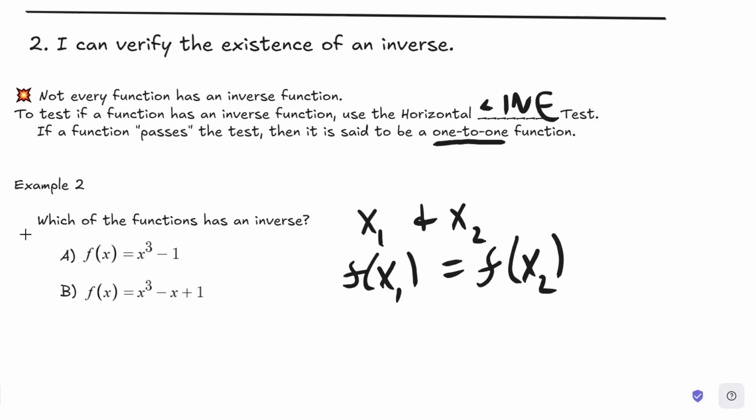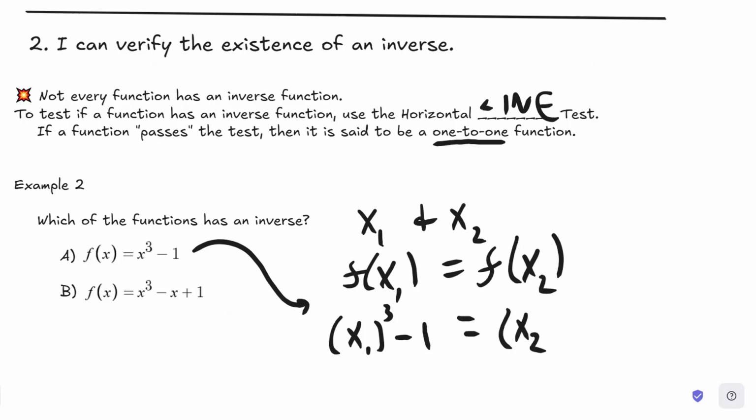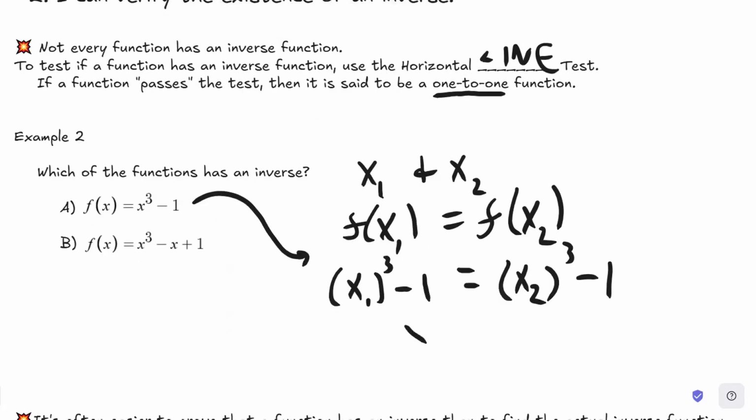So what we do is plug x1 and x2 into the function. We'll do the first one. That would be x1 cubed minus 1. We want to know, does that equal x2 cubed minus 1? Well, just add 1 to each side, and then you would have x1 cubed equals x2 cubed.